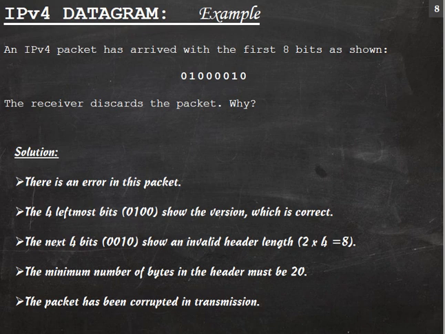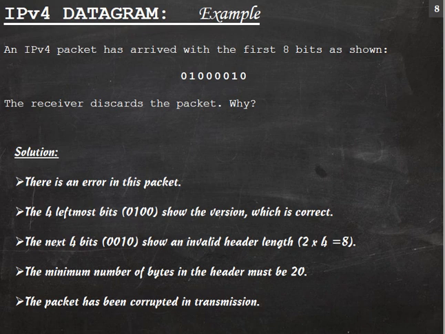The next 4 bits, 0010, indicate the header length. Now we have to multiply it by 4. So 0010 is 2. In order to get the header length, as I said, we have to multiply it by 4.